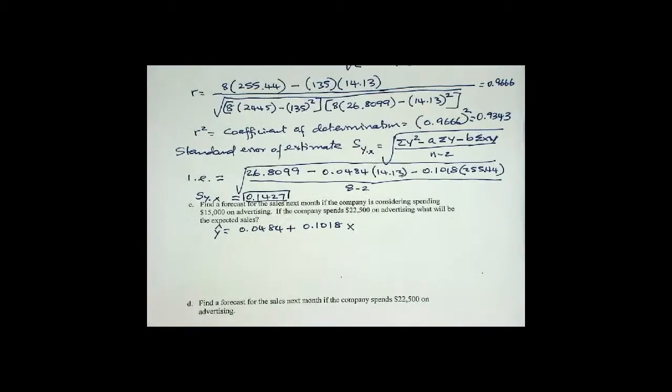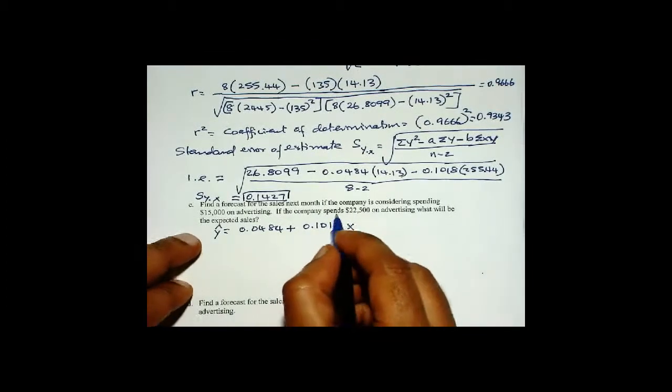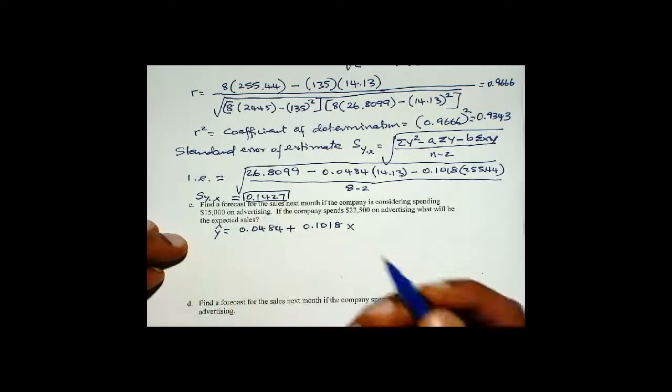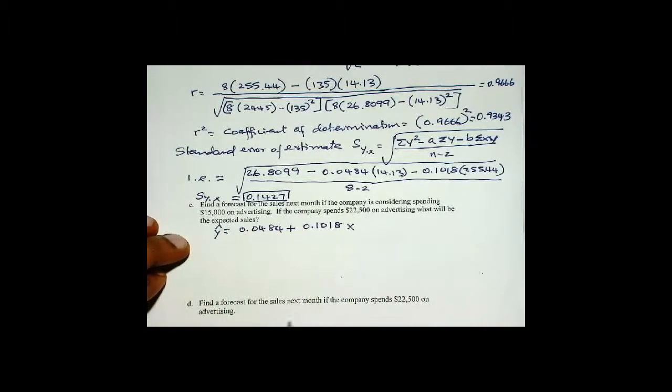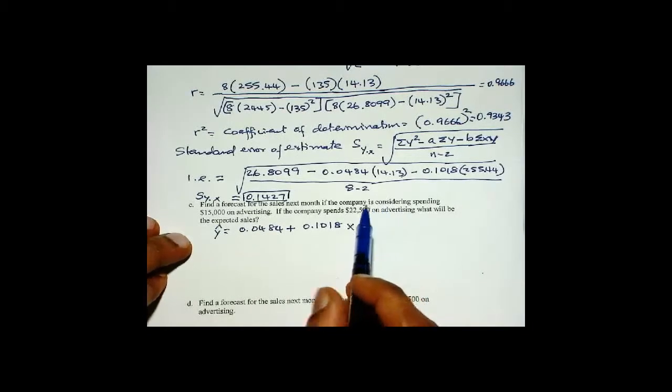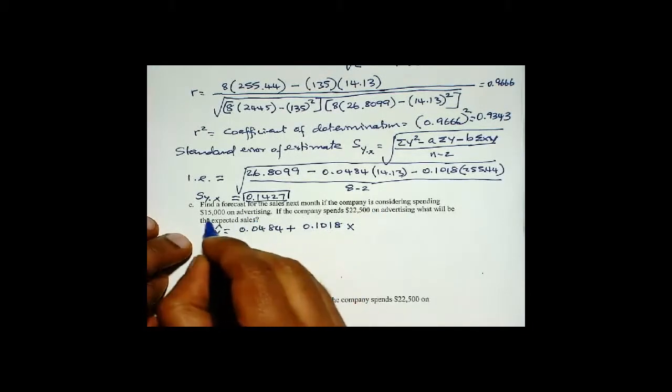So we have a company that spends 15,000 and a company that spends 20,000. What would be the expected sales? Well, this one is 15,000.